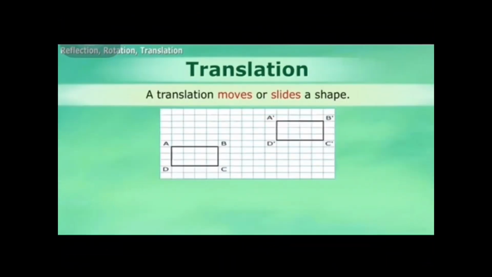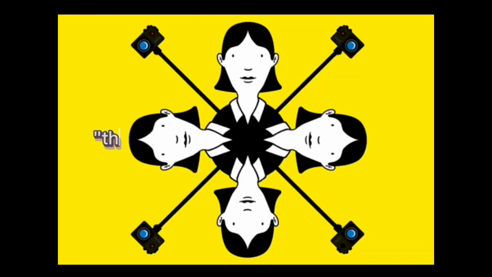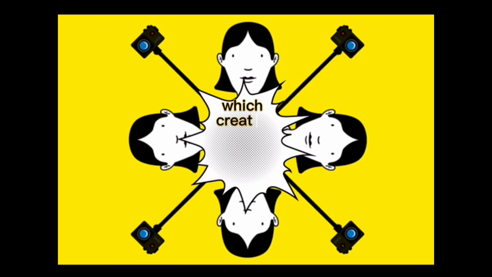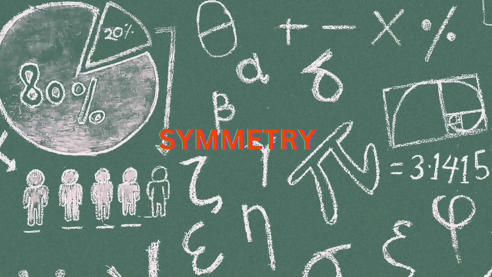Lastly, translations are symmetries wherein an object slides or is relocated to another position while maintaining its general or exact orientation. Stewart called this kind of symmetry the rule for moving things around, which creates repeated units on the plane, like floor tiles or wall bricks. The world, almost in any aspect, is formed and built through symmetry.